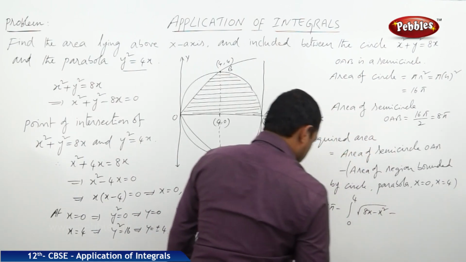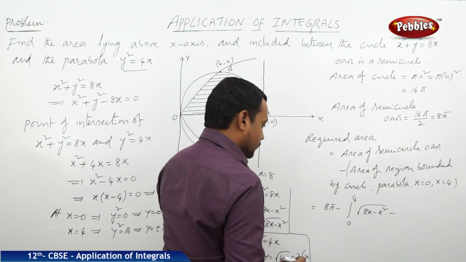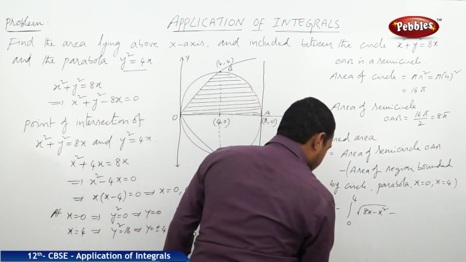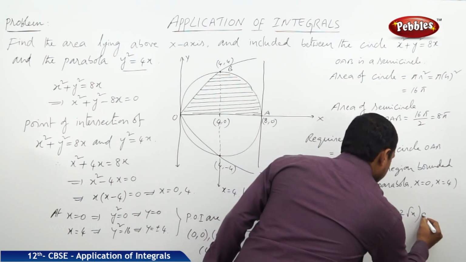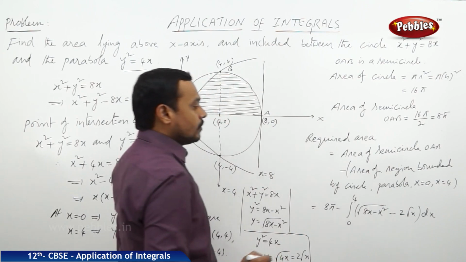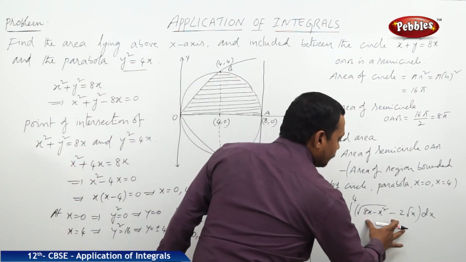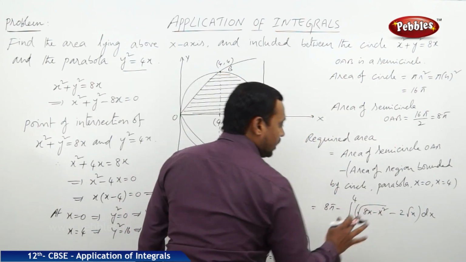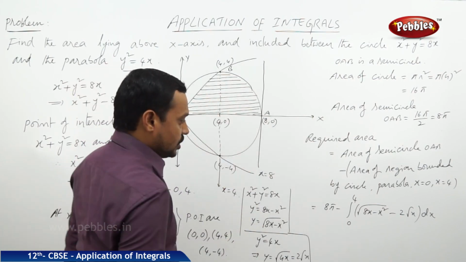Therefore, it is f of x minus g of x form, where f of x is equal to root of 8x minus x square and g of x is equal to 2 root x, dx. Now find the integral value of this function and subtract that definite integral value from 8 pi. Then we can get the area of the required region.